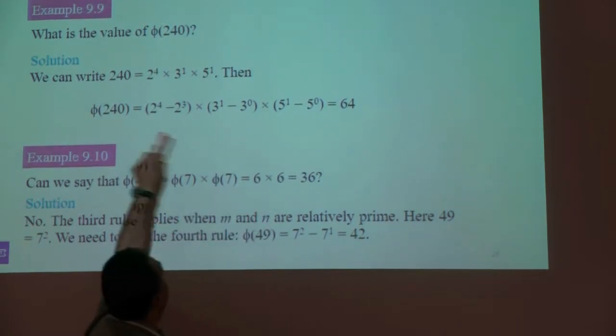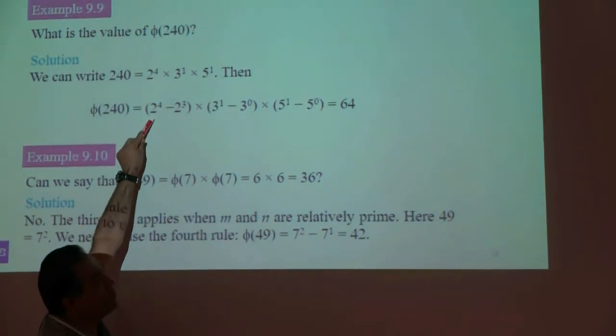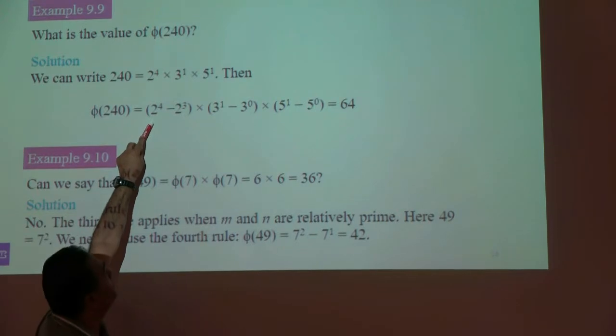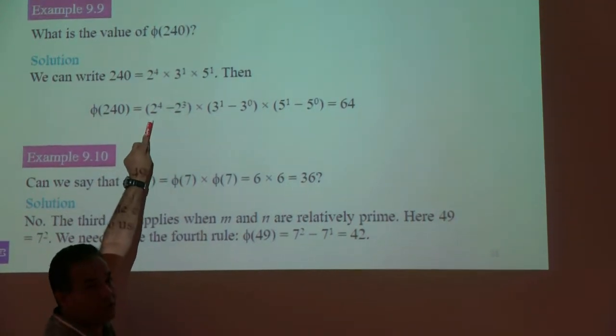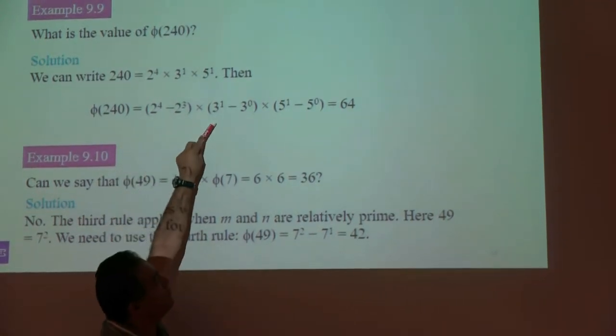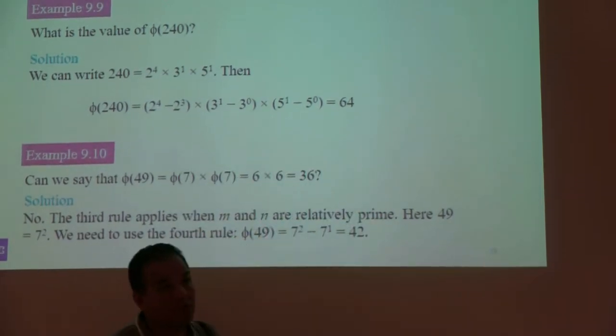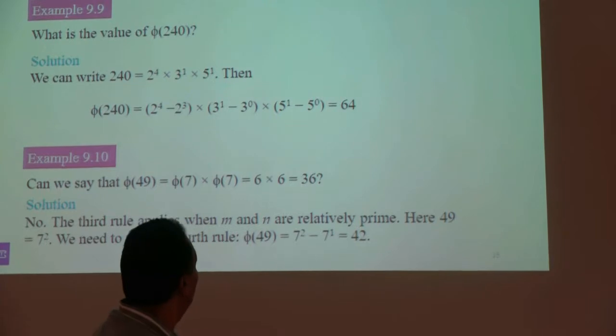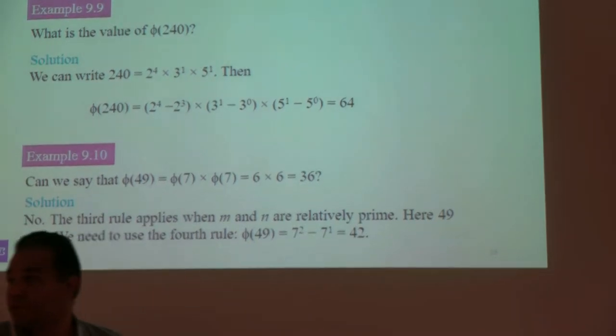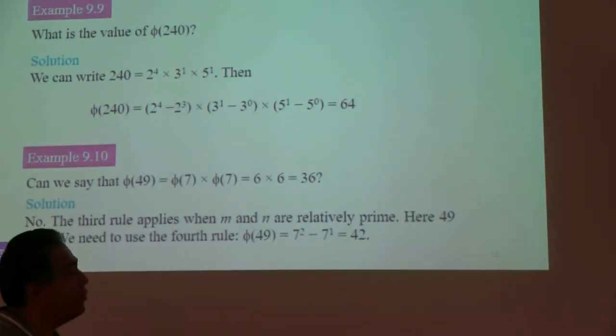So 2 to the power 4 is 16, minus 8, which is 8, times 2 times 4, which becomes 64, right?